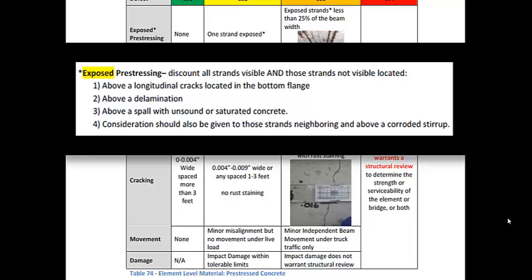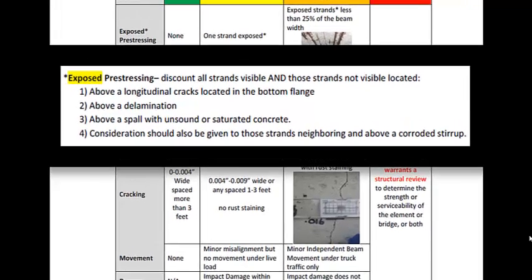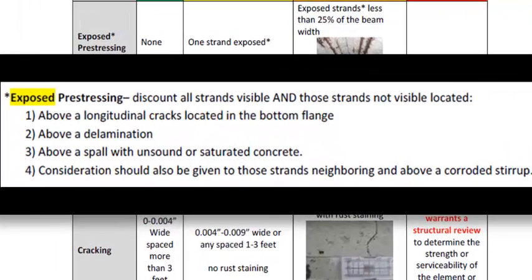And when we start talking about exposed strands, because that's the deficiency that's controlling most of our poor pre-stressed box beams, exposed pre-stressing is not just those that are visible to the naked eye for the inspector. It's including those strands that are not visible, but there's indications that the corrosive process has begun.